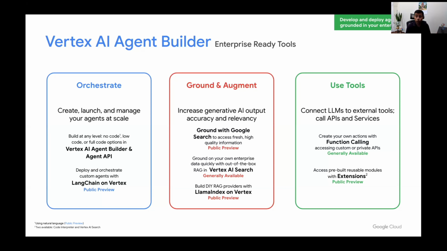Now, there are some cool tools, again, to enrich the context and the responses of your LLM by integrating with external data sources, right? Tools such as extensions and function calling. You can invoke external APIs or SaaS applications and so on. There are some connectors which are available today that your LLM can call in real time.